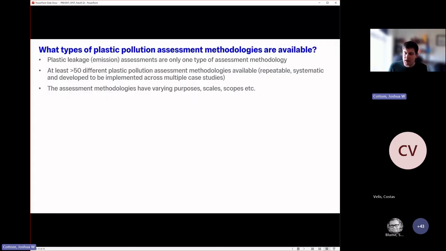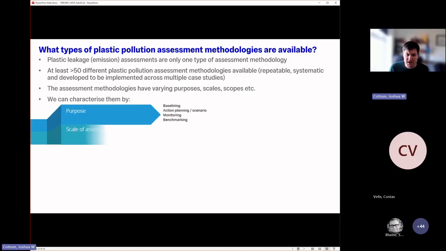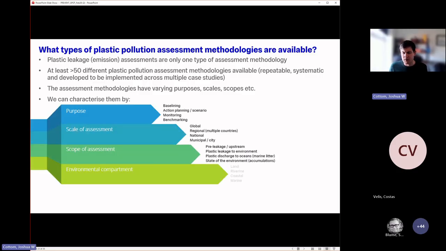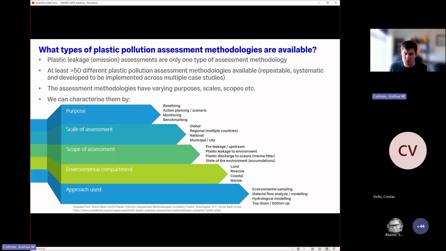So just to recap what I said originally, there are a lot of different plastic pollution assessment methodologies out there. And we actually did some work for the World Bank a few years back where we developed a toolkit called PLAST, which went and reviewed all the different assessment methodologies out there. And we were able to characterize these by different characteristics, such as the purpose of them, the scale that they operate, and the scope of that work as well.